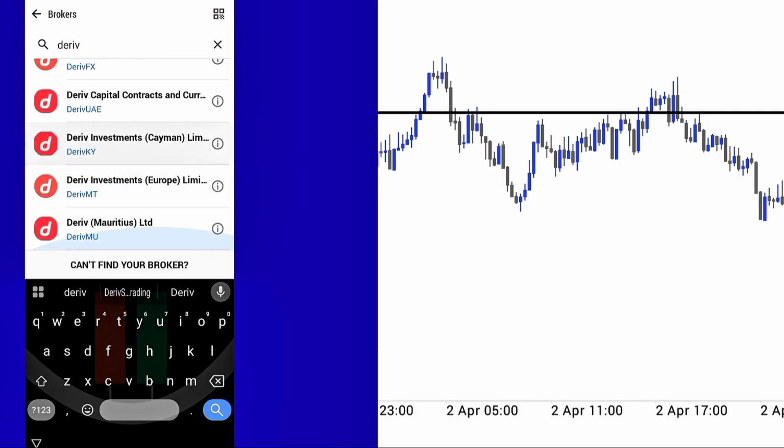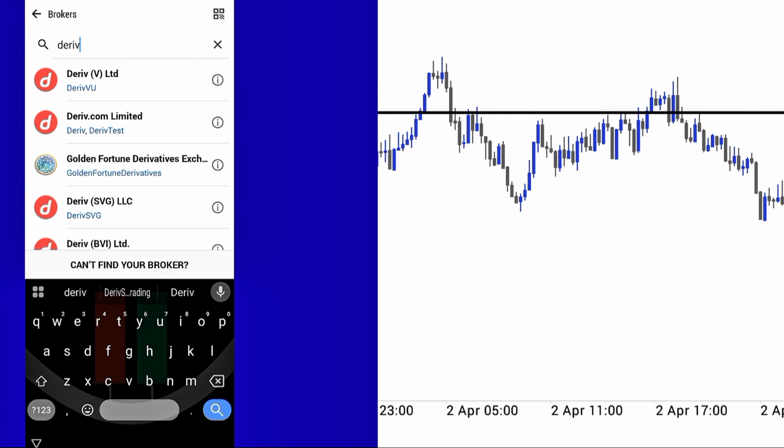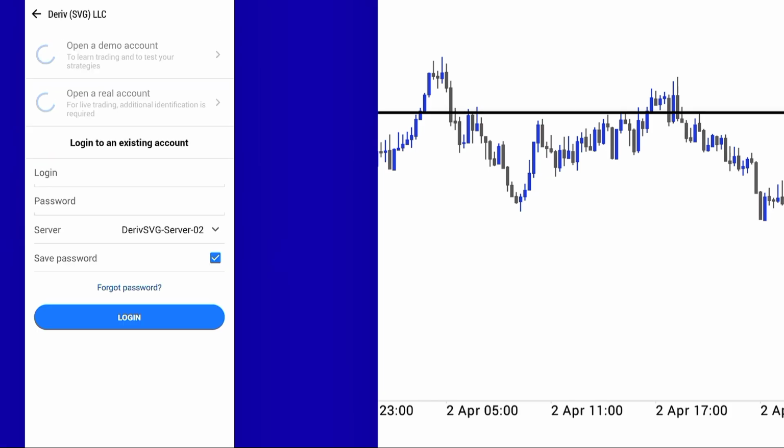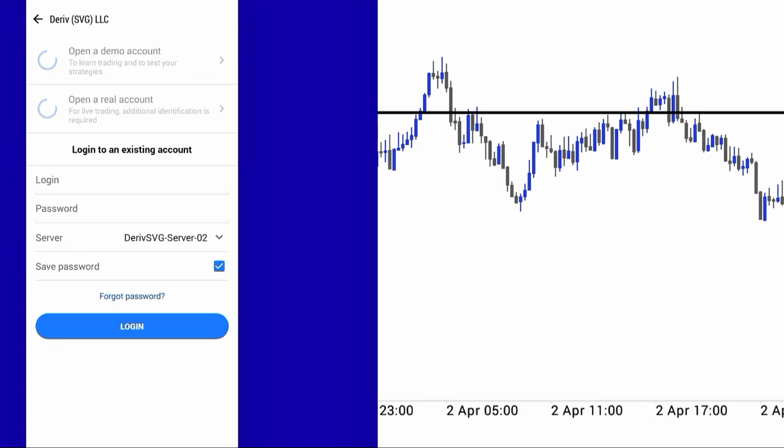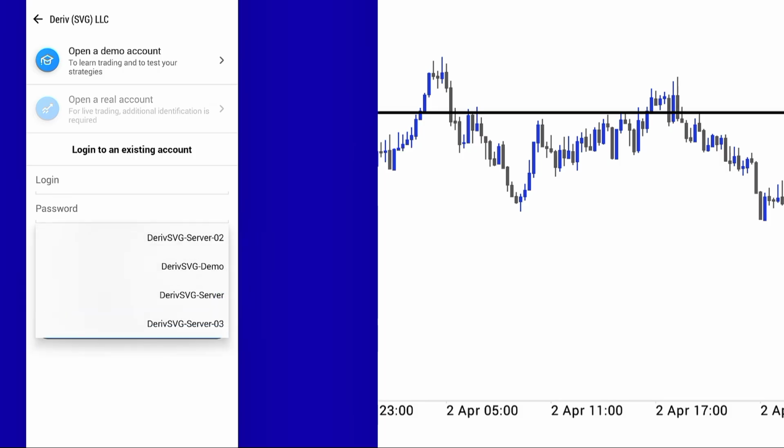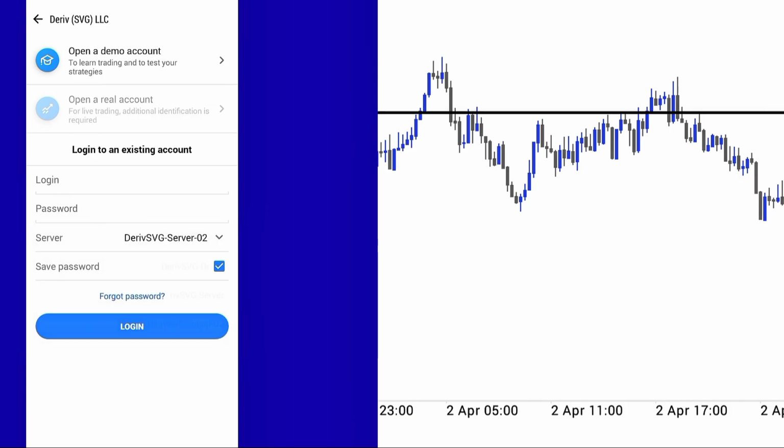You see a lot of servers that you can use. Make sure you pick the one that is on your account. Very, very important. Like, let's use this one. Every detail that was given to you on your account is very, very important. When you come here, you can see that there are a lot of servers. We have different servers for your account.